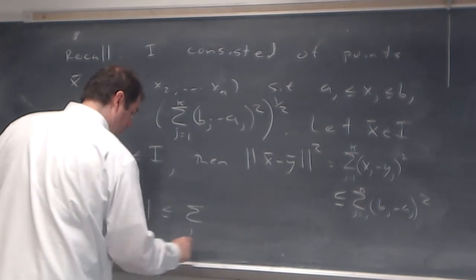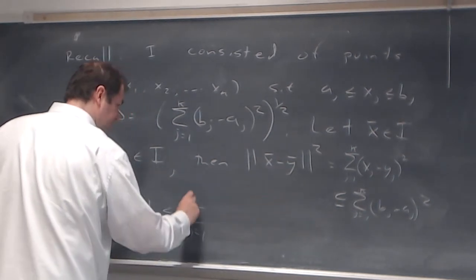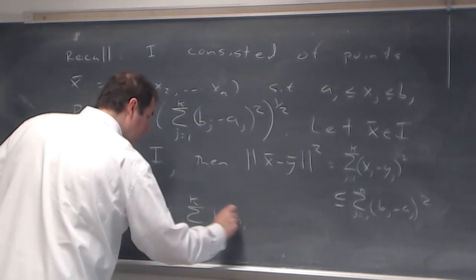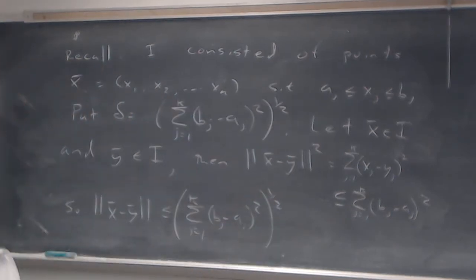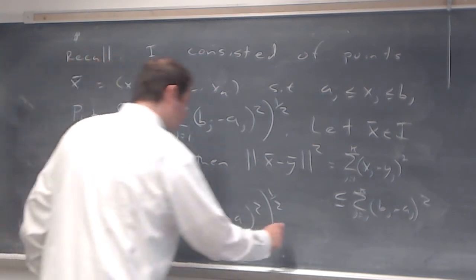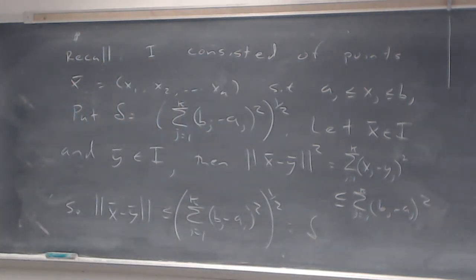We're taking the square root of both sides of this inequality, so it's going to preserve the inequality. And that's equal to delta. All right, so for our sequence I sub n, we're going to get a third characteristic.